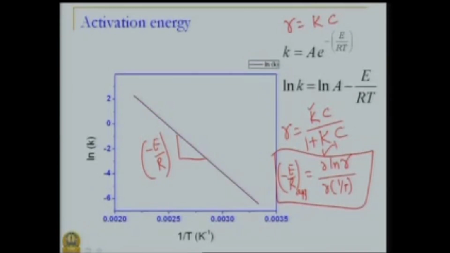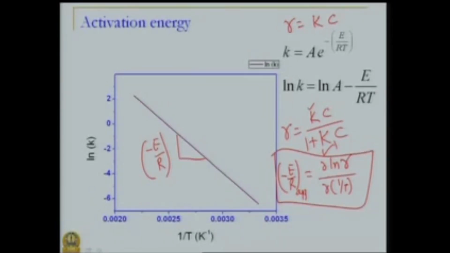Now, the dependency of diffusion rate processes on temperature is much milder than the dependency of kinetic rate constants on temperature. Kinetic rate constant on temperature is exponential, as we saw here. So, what happens when you take a derivative like this? You get an activation energy value which is fairly low. In fact, if the diffusion process is independent of temperature, then the apparent activation energy for such a process would be 0.